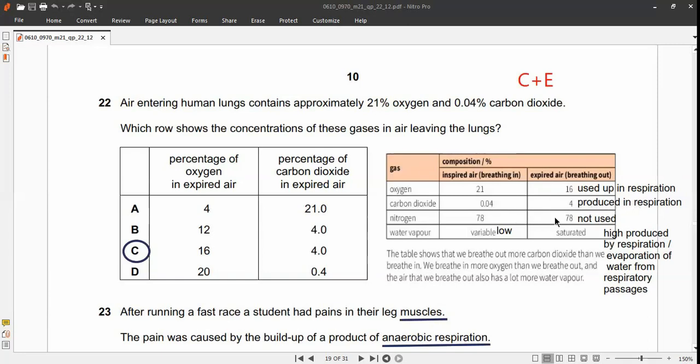Water vapor breathing in is low, but high in expired air, produced by respiration and also by evaporation of water from respiratory passages. So the percentage of water vapor is high, but the question asked about the percentage of oxygen and carbon dioxide. So the correct answer is C, 16 and 4.